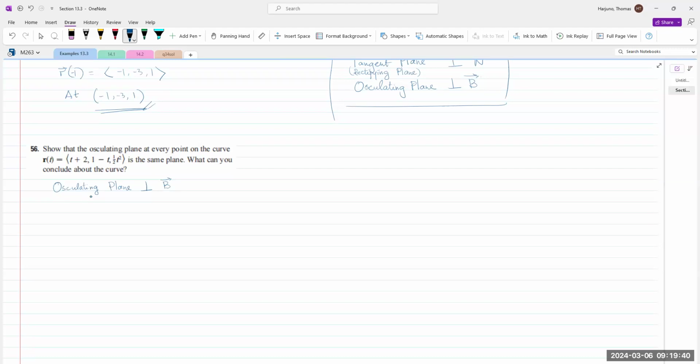Now, since it is the same plane, we actually need to show, so let's say this is the curve, right? And the osculating plane is the same plane. It means you need to show two things. First one, that the curve is on a plane.